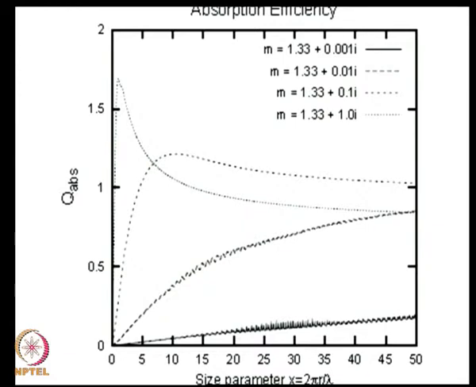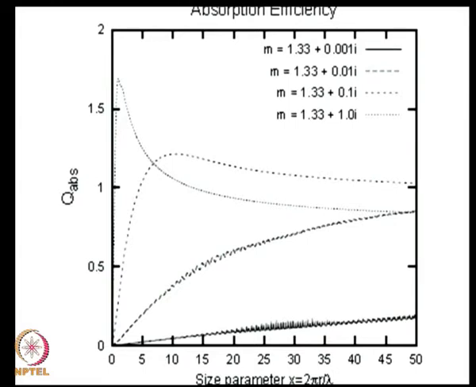Now, let us look at the typical value of absorption efficiency, that is absorption cross section divided by pi r squared, as a function of the size parameter 2 pi r by lambda. Let us look at how the absorption efficiency depends upon the size parameter. Notice that absorption efficiency is not always less than 1, it does go above 1.